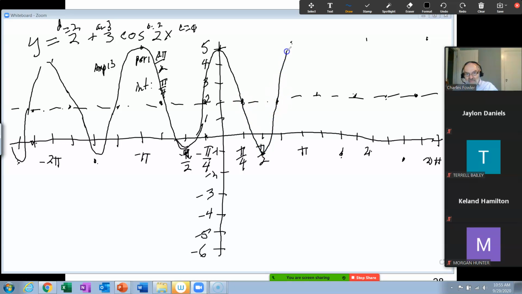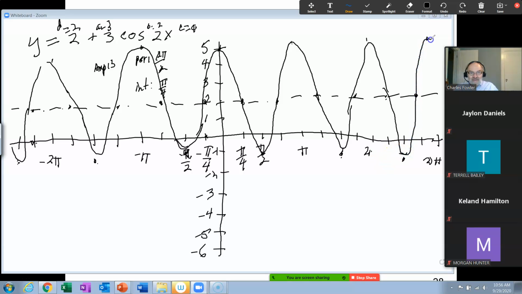Always try to make your mountain smooth and your valley smooth. Goodness gracious. This is taking forever. Okay. That's what it looks like.